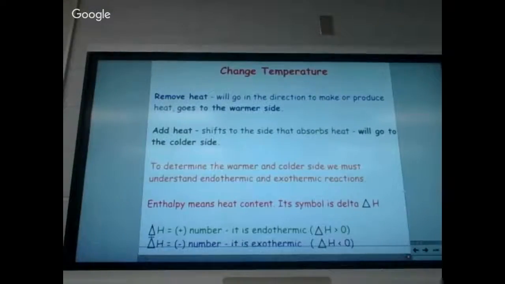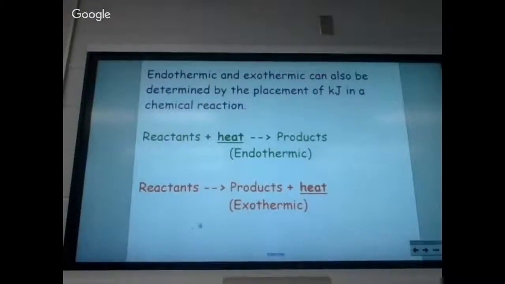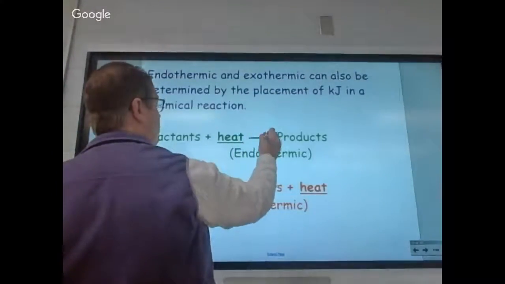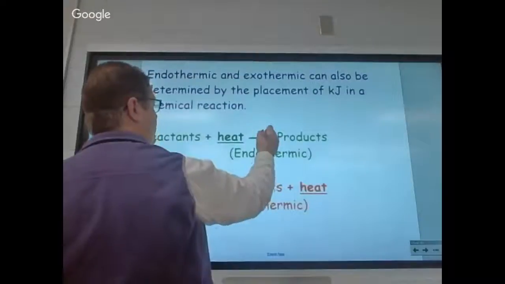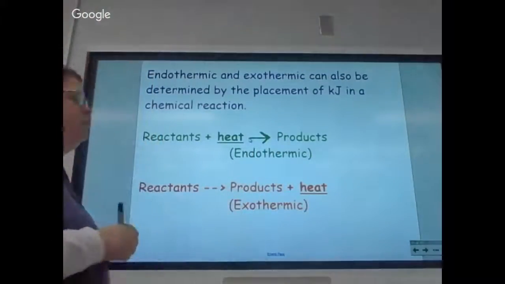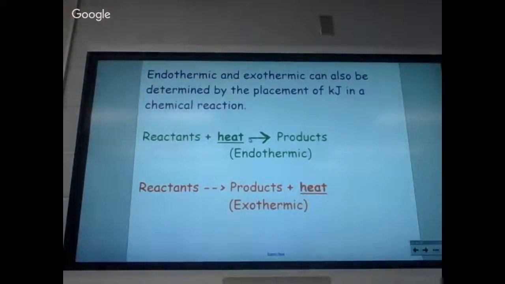Okay. Now, I think you're more likely to see it written this way. It's not that different. If you see a reaction and the heat is on, all right, there's your arrow. Write the green and the red or orange, but don't write the purple.